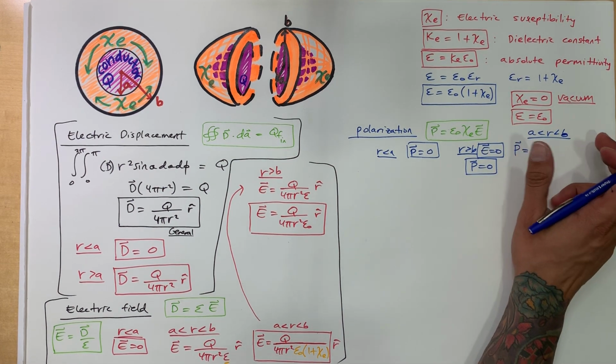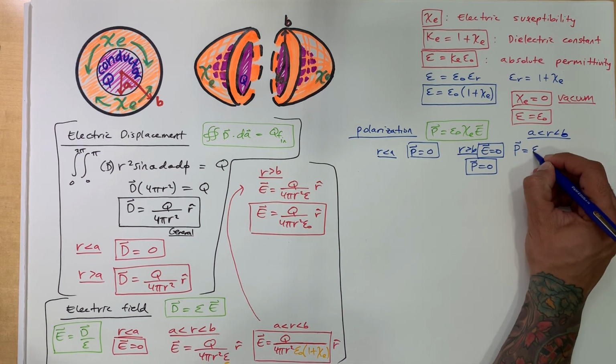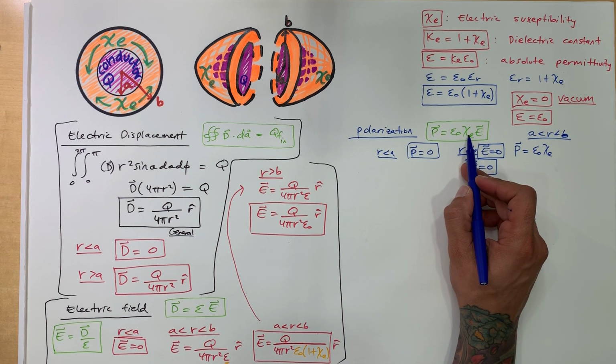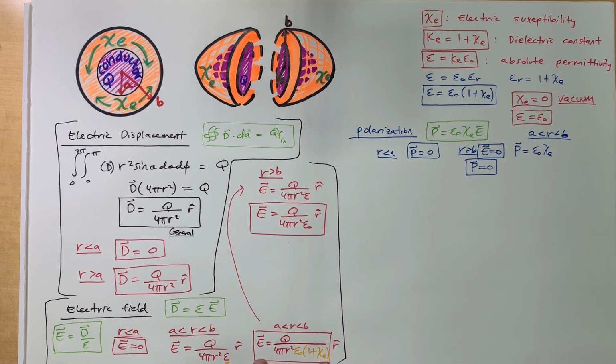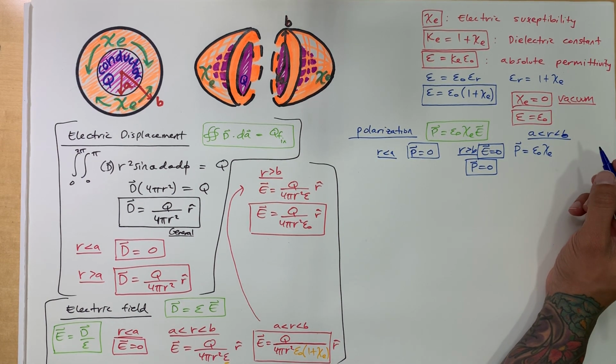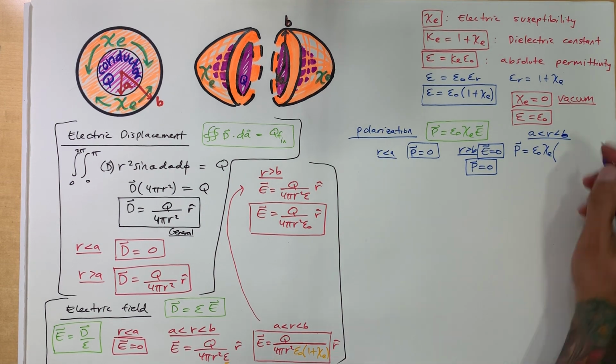And let's plug in what we have for that. So we have epsilon naught chi E from this, and the electric field for that region is here with the values of the dielectric constant. So let's put all of this here.